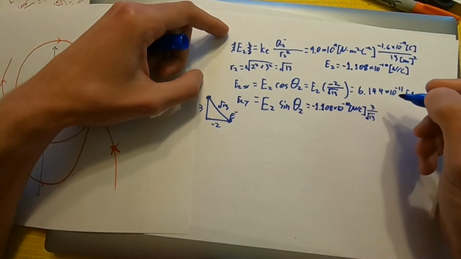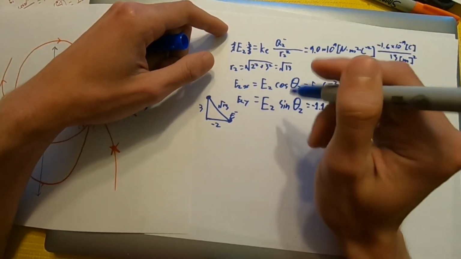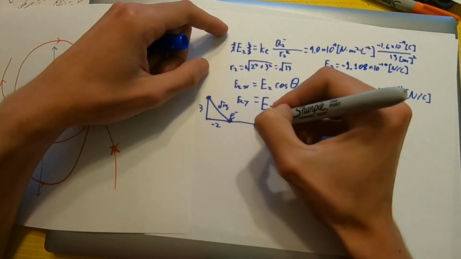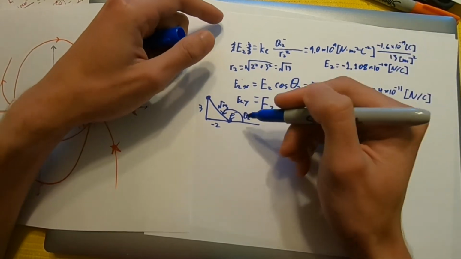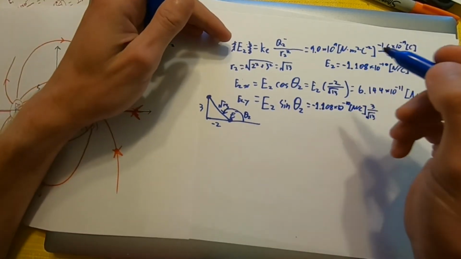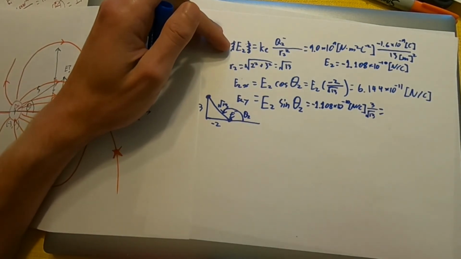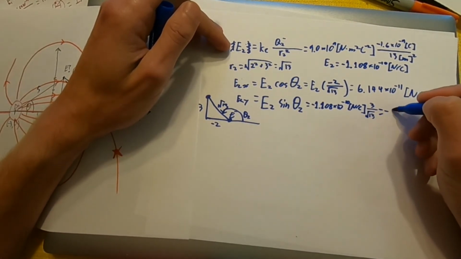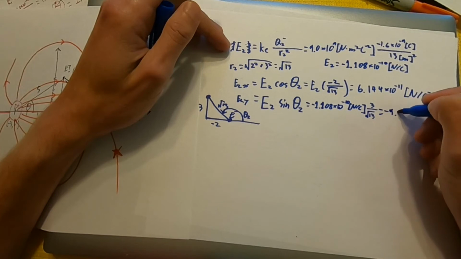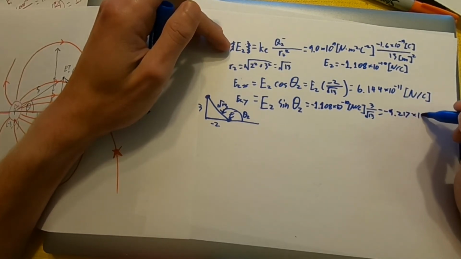So here we are going to have a negative number because the sine of our angle theta 2, which again is this angle right here, is still positive. So we have the result with a E2y of negative 9.217 times 10 to the negative 11th.